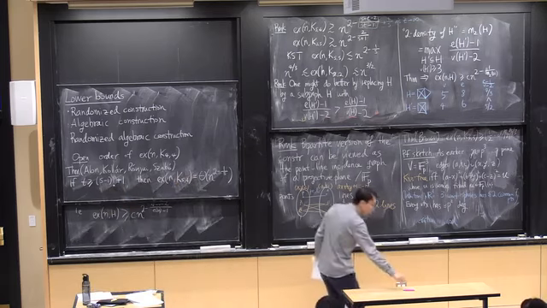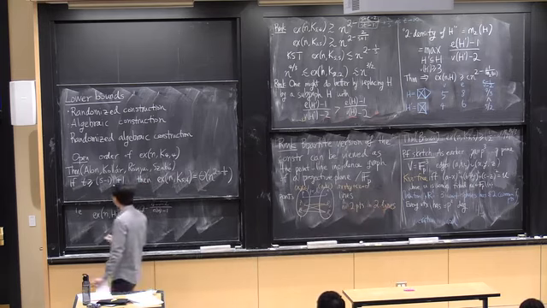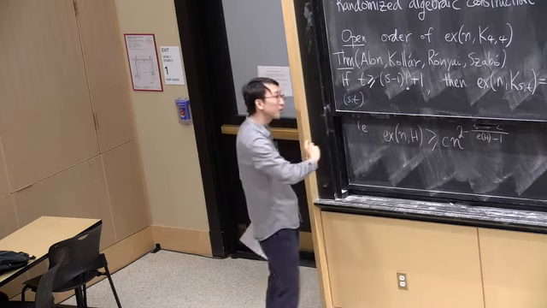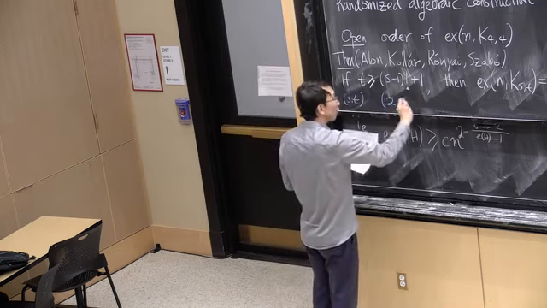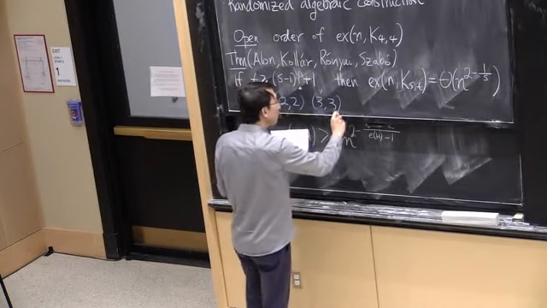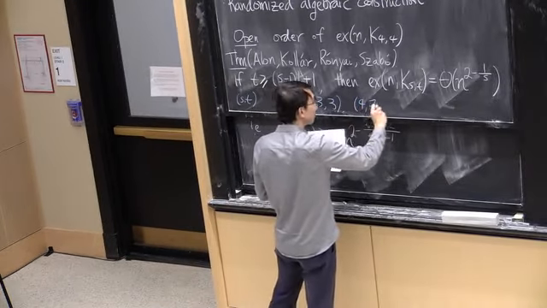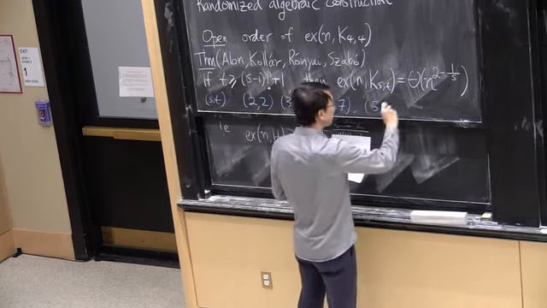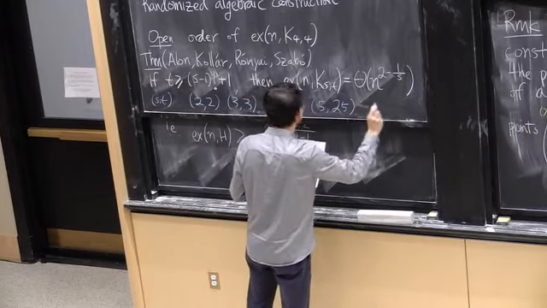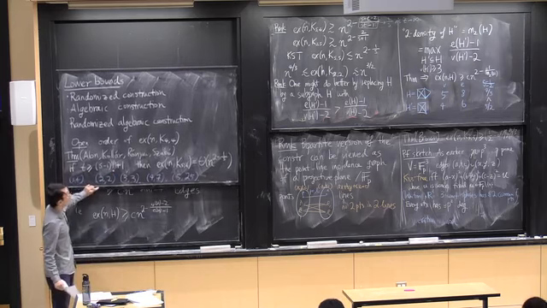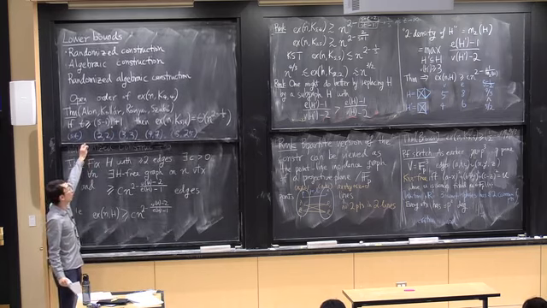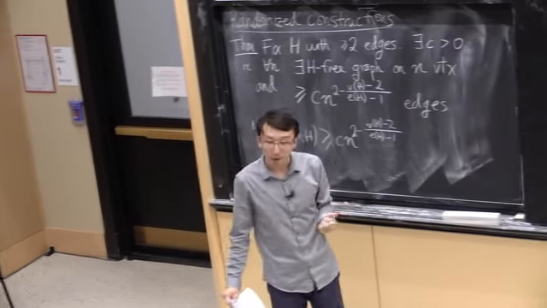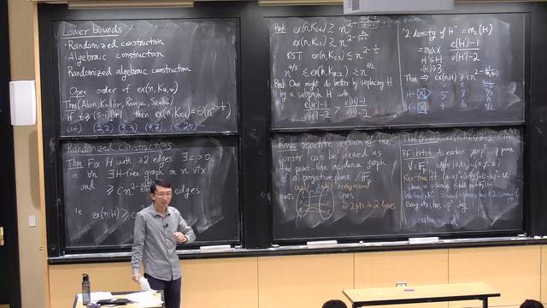Just to be more explicit about what these s and t are, if you plug in the smallest t that this theorem gives for various values of s, you find 2, 2, and 3, 3. And the next one is 4, 7. And then it gets worse from there. These constructions are algebraic constructions, and so we'll see next time what happens.